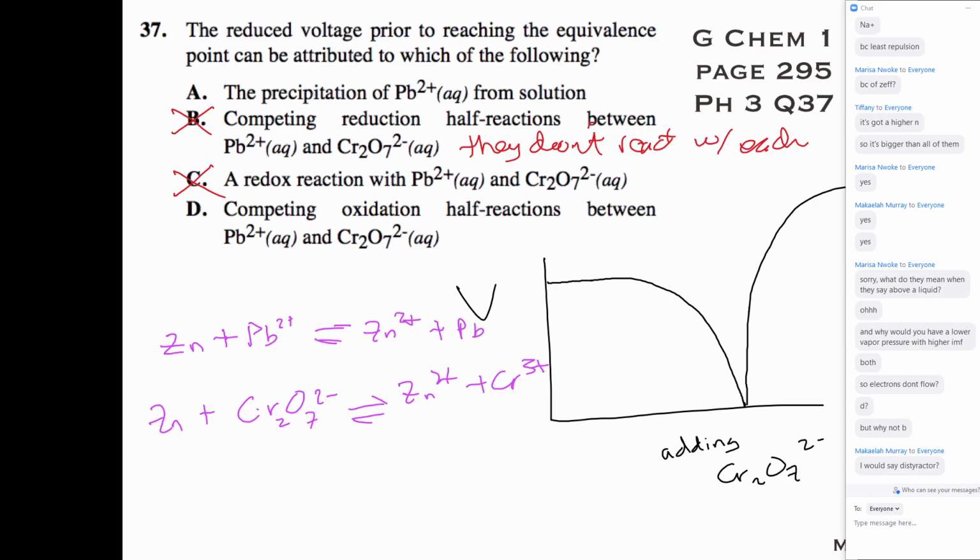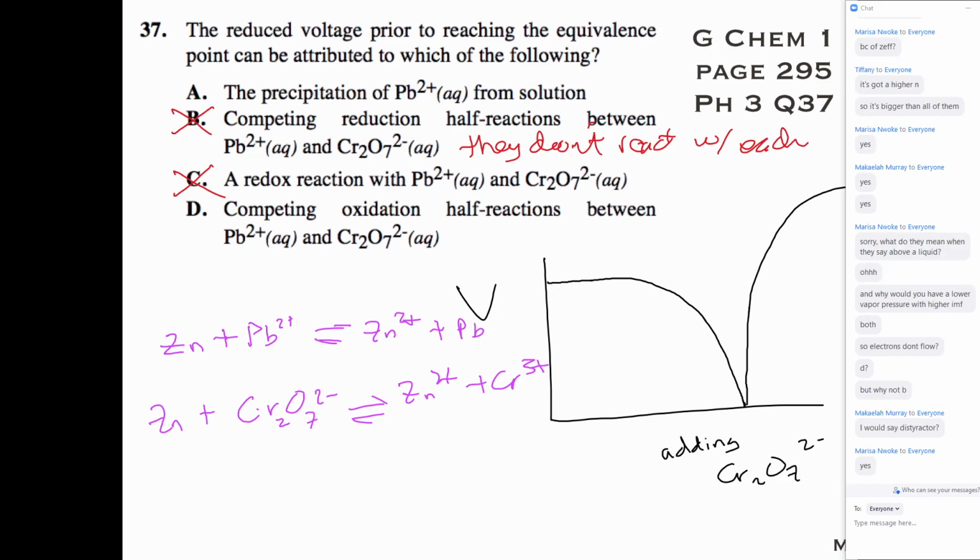Competing oxidation half reactions between this, possibly, and precipitation. Is it possible that lead, Pb2 plus, can actually precipitate? Would a 2 plus combine with a 2 minus? Yes. So what would that do?